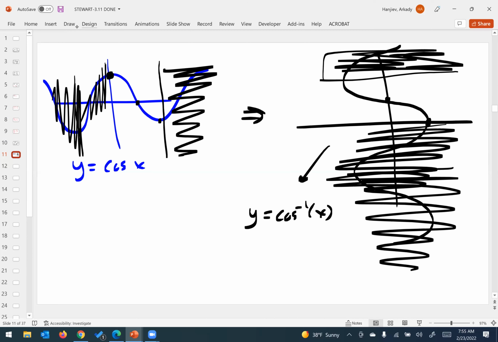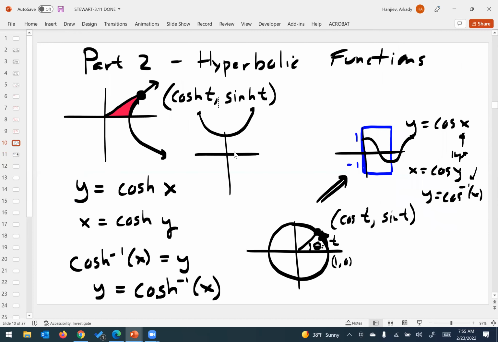Okay, so now let's talk about it. So now let's go back up here. When we create this inverse function, the question becomes, what is it actually trying to say if we're thinking about the unit circle? If we go back to the unit circle, what are we trying to do with the inverse function?